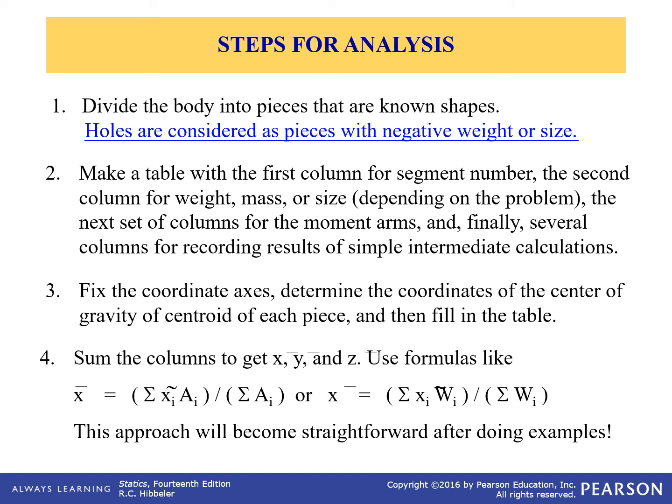Your x bar value is going to be the sum of the xi a's divided by the sum of the a's. Just like the integration, but you're doing it with sums in this particular case.